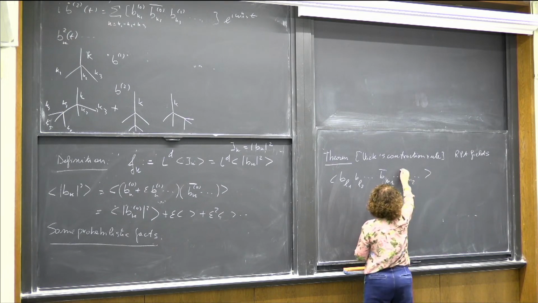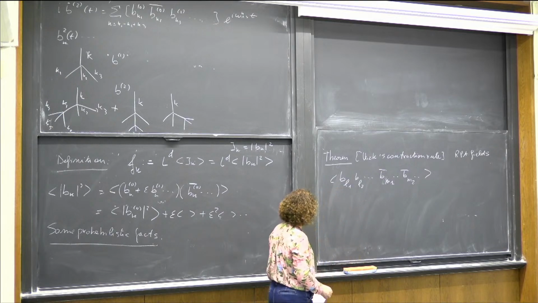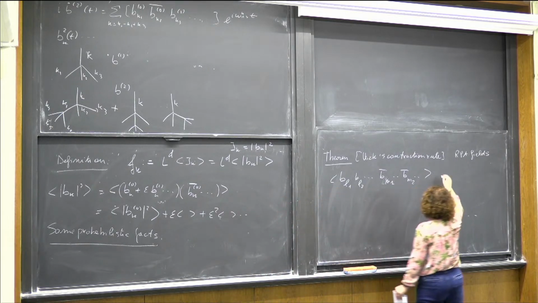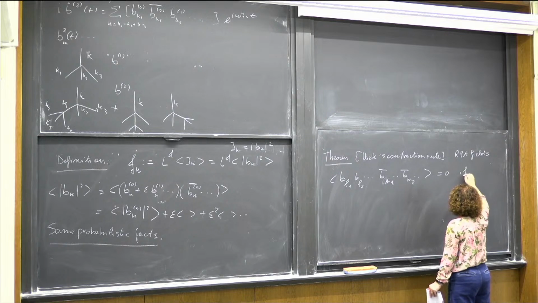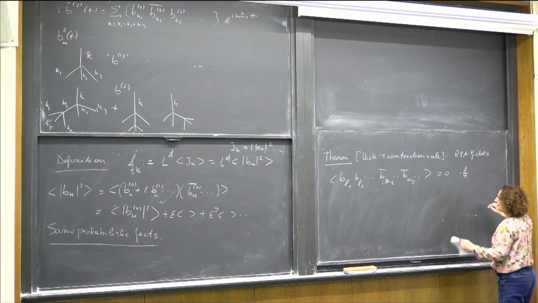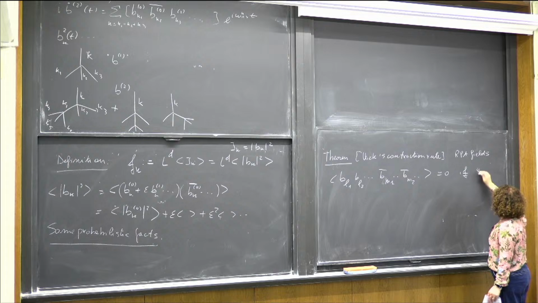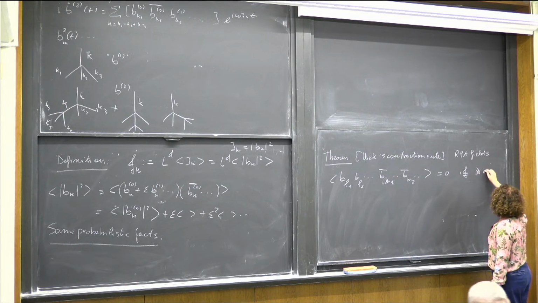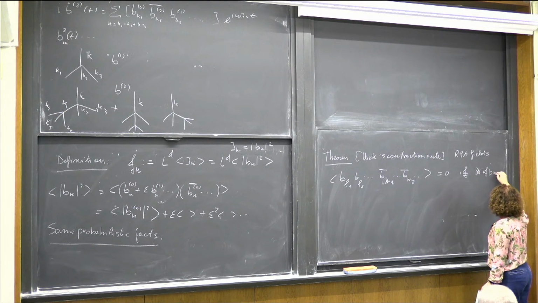So a bunch of these things, some with bars and some without bars. So this is 0 if the number of bars equals the number of non-bars.